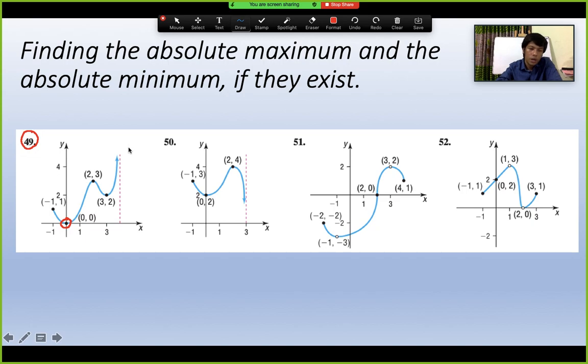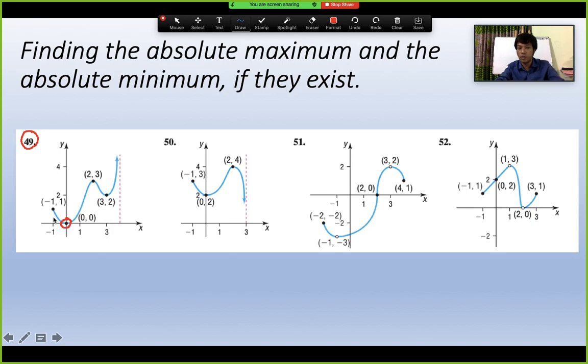Okay. And it looks like this is the highest point of this graph, but evidently the graph is actually going forever in the up direction. So what is the highest point? We do not know. To be absolute maximum, it has to be some highest point for sure, but we do not know what that highest point is. This 2 comma 3 is not the highest point in this graph, but this 0 comma 0 is the lowest point in this graph.